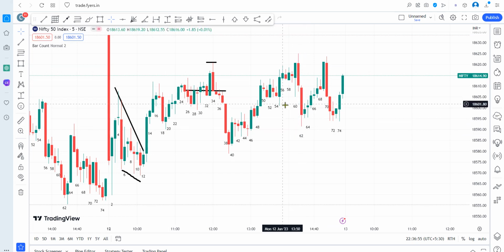62 is a red candle. So now let's consider what if you sold below 62. What you can do is wait for this leg to complete, or you can exit on the 66 candle, which is a better idea. Why? Because three consecutive green buying candles are there, so the probability of an up move is very high because there are trapped buyers as well.